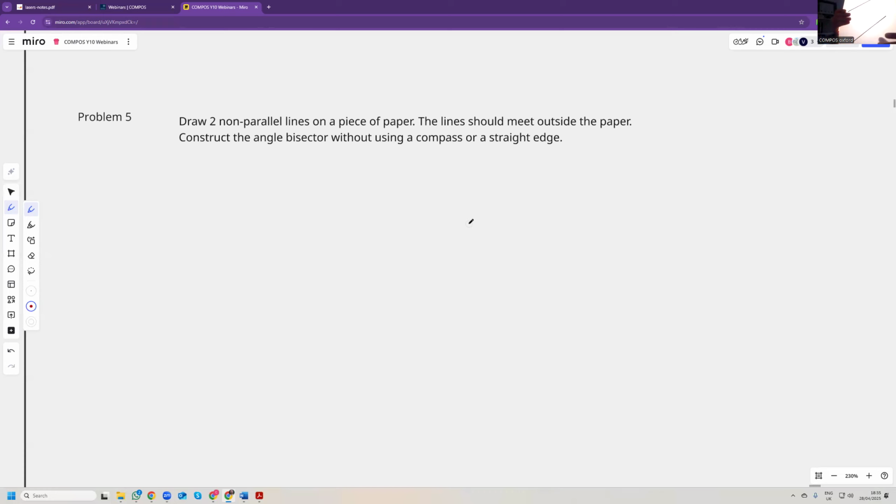You fold them in a way such that they align perfectly. So the two lines should line up perfectly like this.